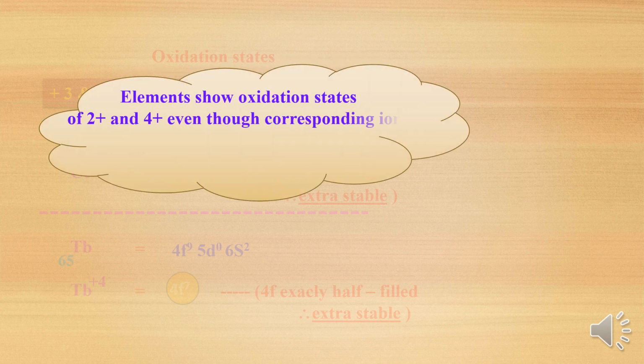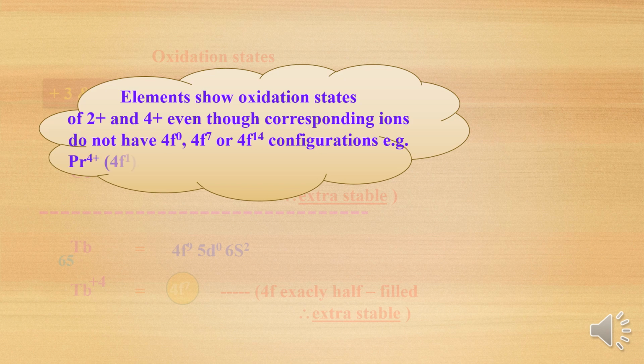Some elements show oxidation states of plus 2 and plus 4 even though the corresponding ions do not have half filled, vacant or completely filled configurations. There are some elements that possess plus 2 and plus 4 not because of a vacant, half filled or completely filled orbital, but because of some other reason.